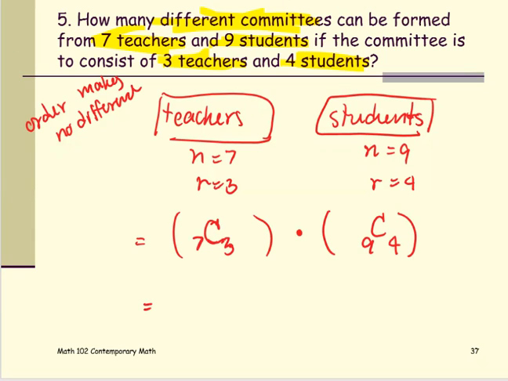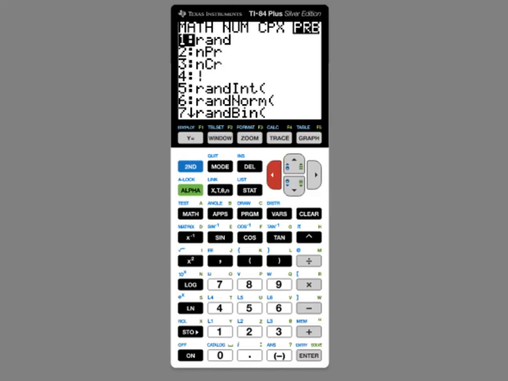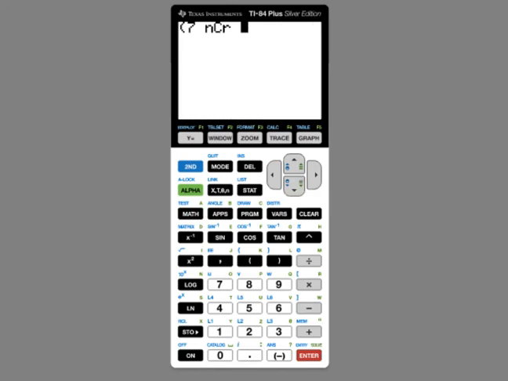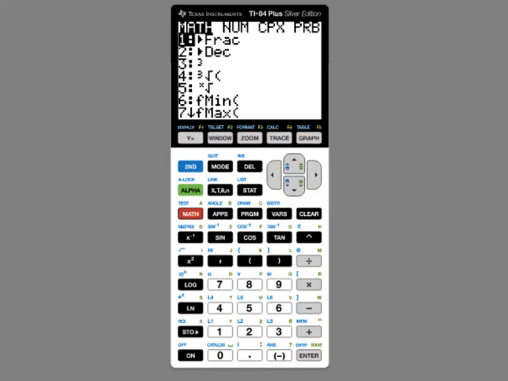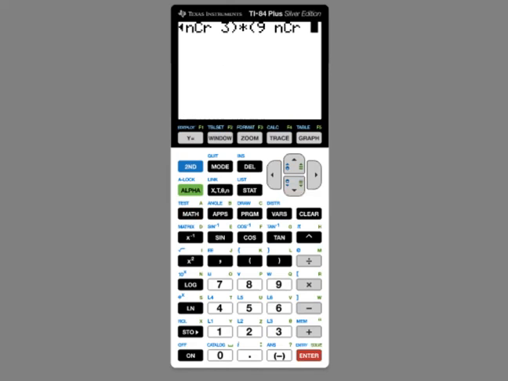Let's use a calculator to take care of this number for us. So clear. The first group is the combination of 7, math, probability or PRB, option 3, selecting 3 from the teacher group, multiplied by the quantity combination of 9, math, PRB, option 3, selecting 4 from the group of 9, and hit enter.